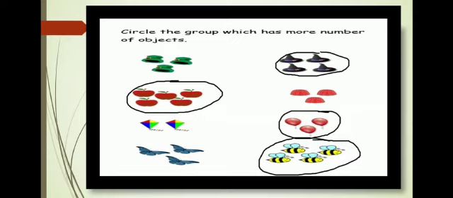In the next picture, you can see the number of balloons is more than the number of kites. So you can circle the group of balloons. In the next picture, you can see the number of bees is more than the number of butterflies. So you can circle the group of bees.